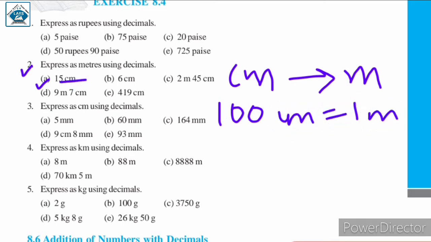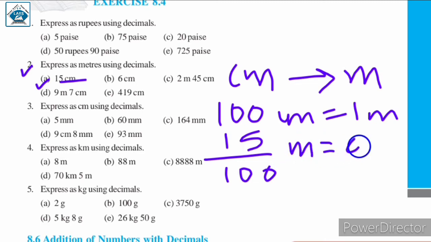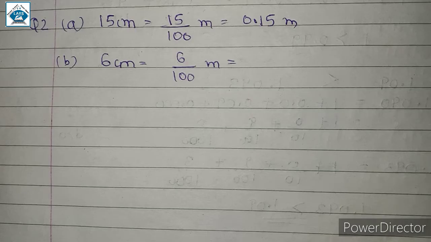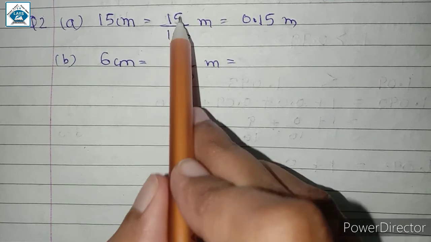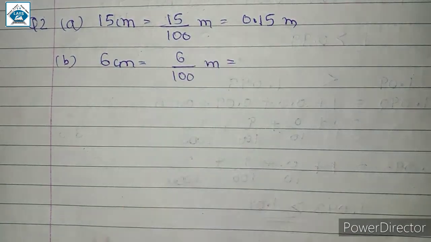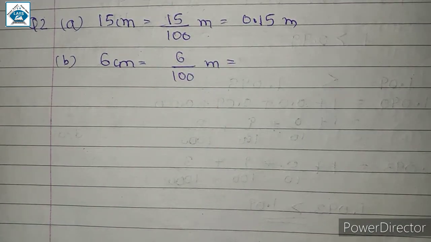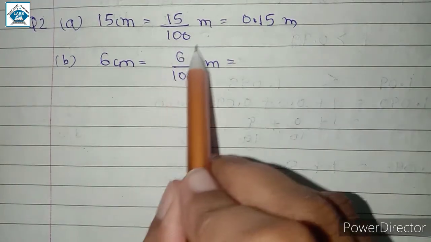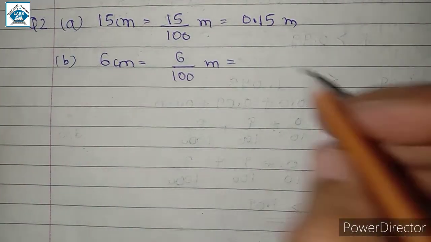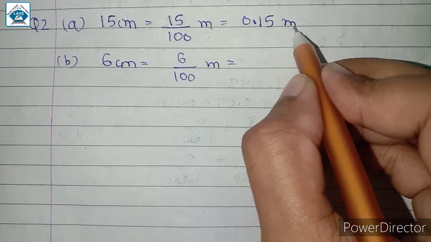So for 15 centimeter, we can write this as 15 upon 100 meters, which is equal to 0.15 meters. ठीक है, जब भी सेंटीमीटर में गिवन है और मीटर में कन्वर्ट करना है, we will divide with 100. So this is 0.15 meters.